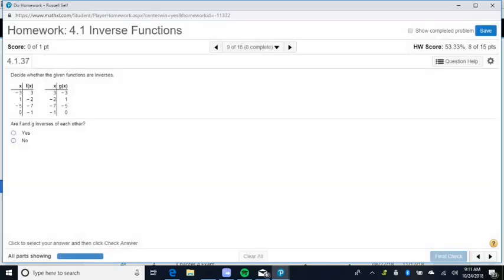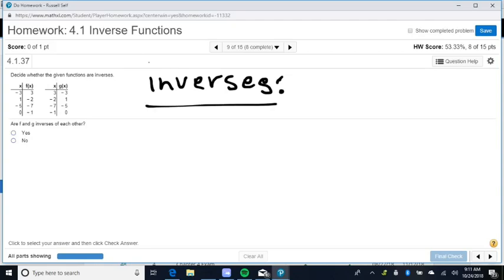Okay. Here we want to determine whether the given functions are inverses. So we need to talk a little bit more about inverses. They are incredibly easy.